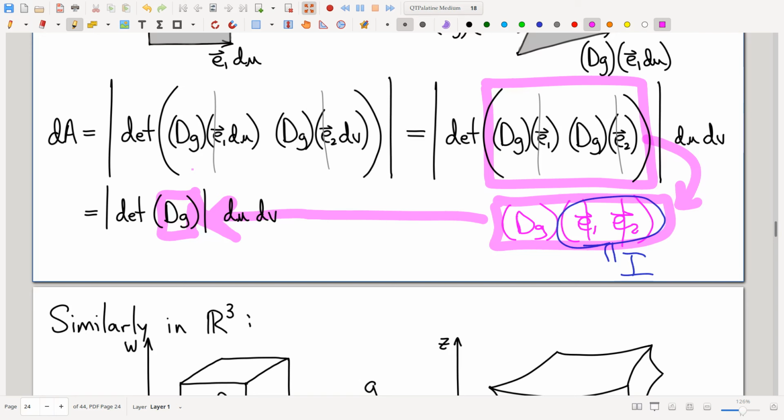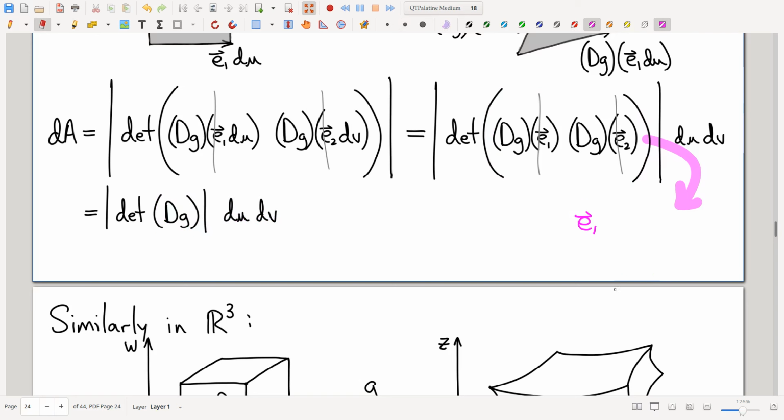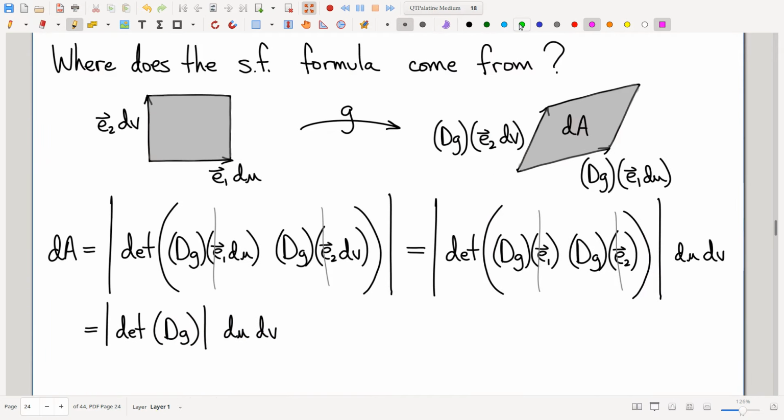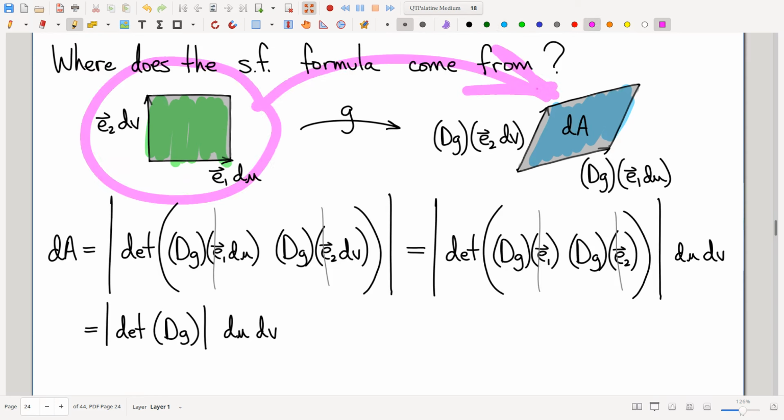Okay. All right. So that's where the formula comes from. Sorry, I almost spiked the football on the 2-yard line. Let me wrap it up here. The point to all of this, again, was we're trying to figure out how to take input area and turn it into output area, and what is the factor by which that gets stretched out.